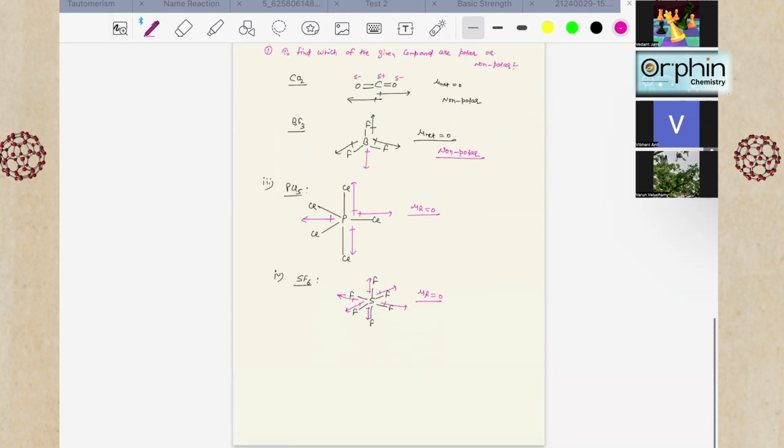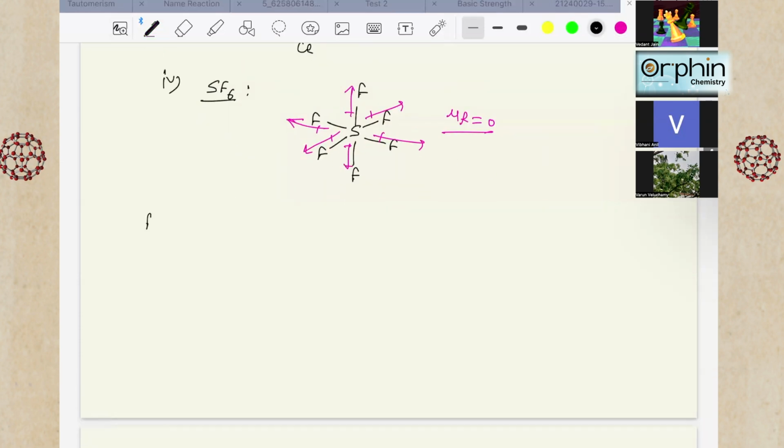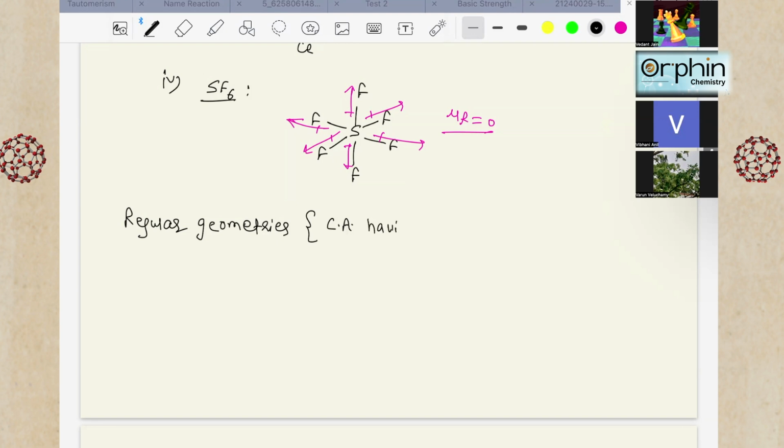So this is the result that I can write here. Regular geometries. Regular geometry means the central atom has no lone pair and all surrounding atoms are the same.